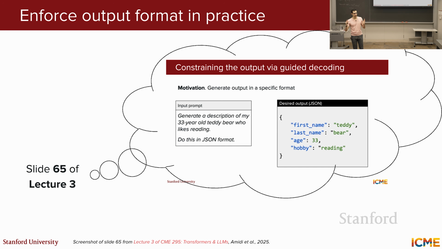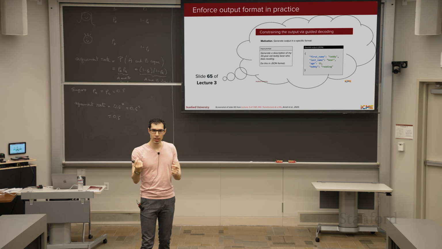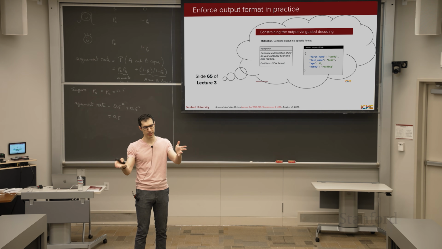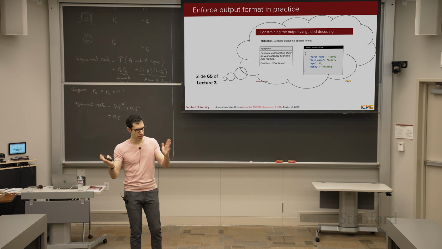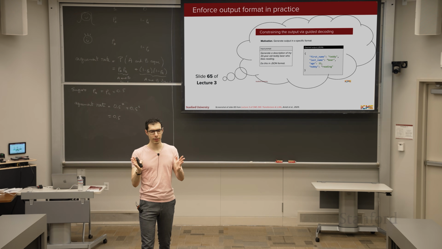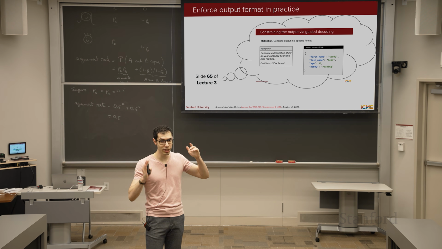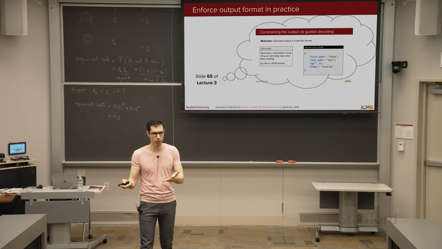The idea here is to constrain the decoding process by allowing our model to only sample from quote-unquote valid tokens. And we typically do that in cases where we want our output to have a given format, let's suppose a JSON format, and we want absolutely that format. So what people do is they use this technique to guarantee the form of the response.